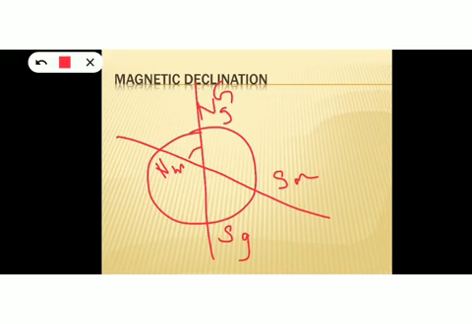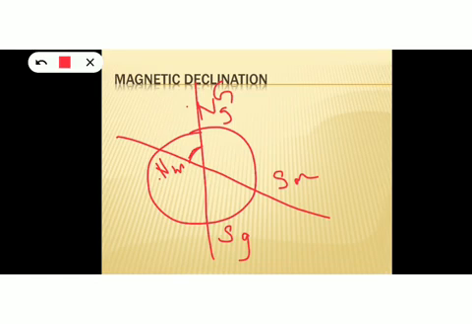This is the angle between geographic north and magnetic north, and this angle is known as magnetic declination.